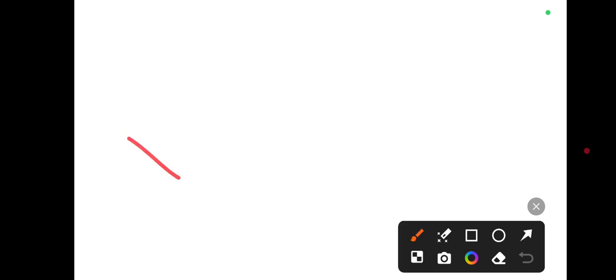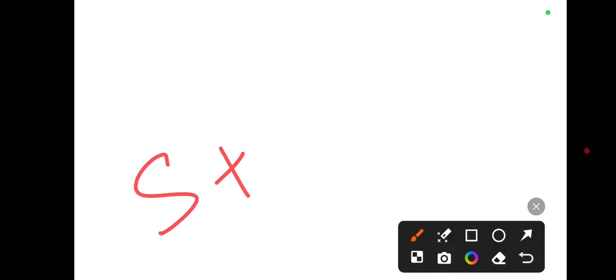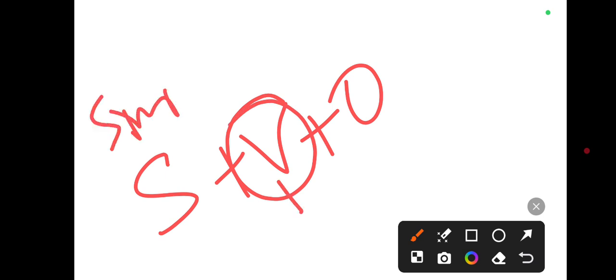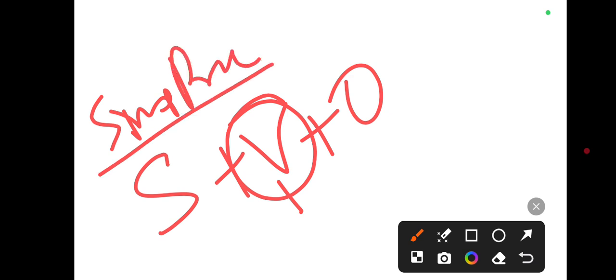Common structure is subject plus verb plus object. So the important thing is the form of verb. For simple present tense, we take the first form of verb.